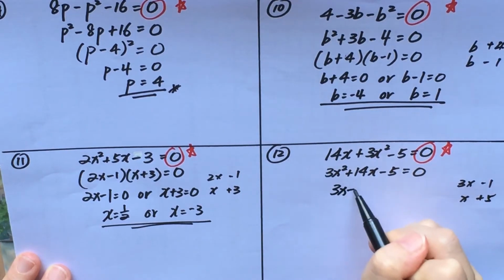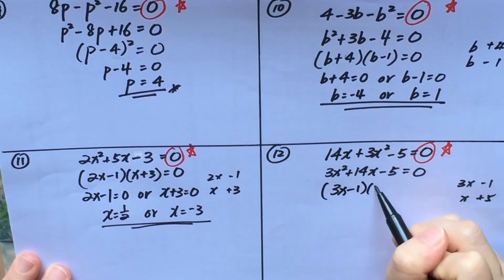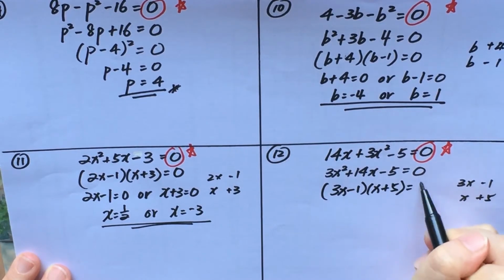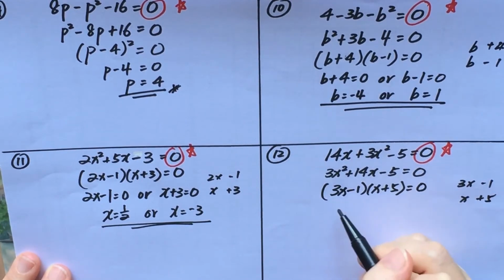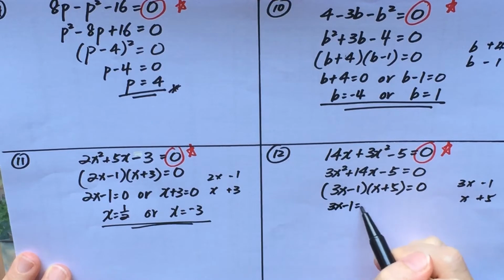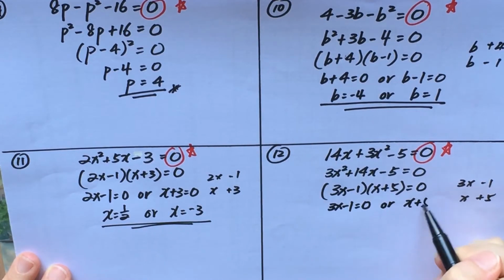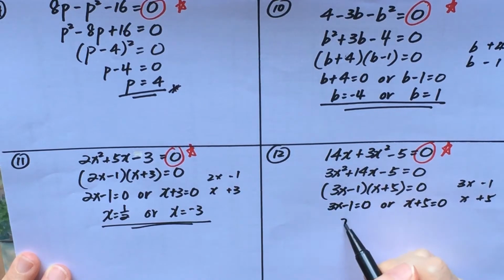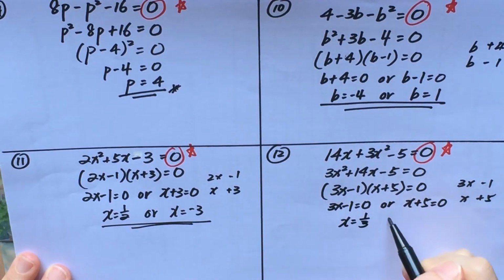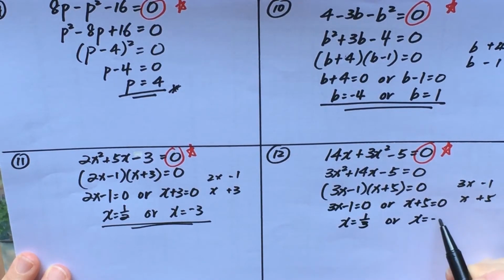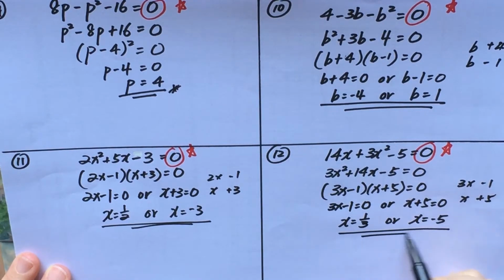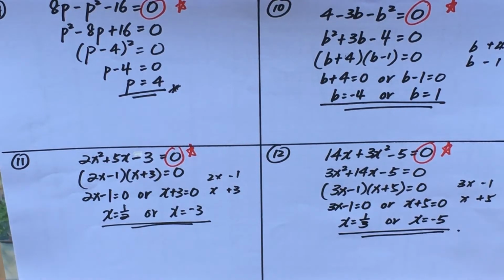So 3x minus 1 times x plus 5 equals to 0. So again, use now factor law. 2 of them multiply together to get 0. That means either the first factor is 0 or the second factor is 0. So x is equals to 1/3 or x is equals to negative 5. Okay, so these are the answers for the next 4 questions.